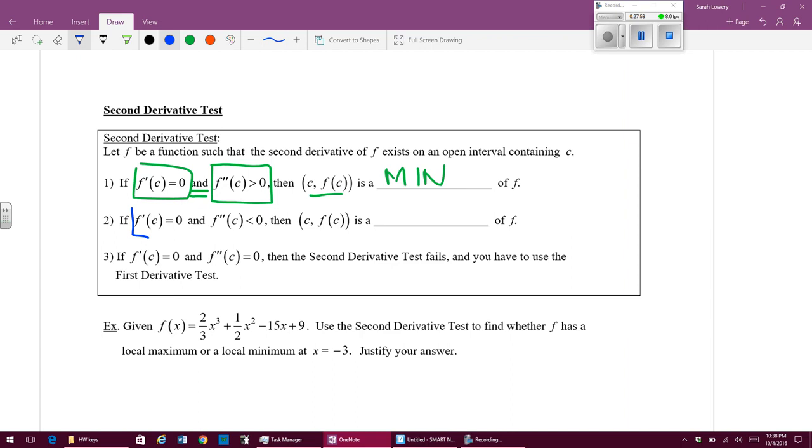If I know that the first derivative is 0, and the second derivative is negative, then my point is a max.